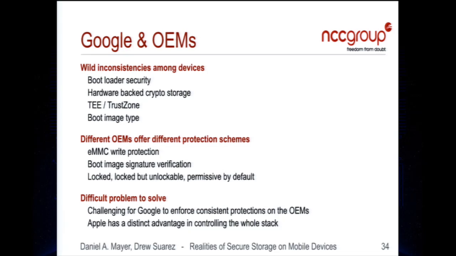The bootloader security is totally different on a lot of devices. We may or may not have hardware-backed crypto storage capabilities based on the price of the device. It may or may not have a trust zone or trusted execution environment component. And even the boot image type can't be agreed upon. We have wild differences in how even these devices boot up. And each OEM decides to protect things differently, so we have different protection schemes in play.